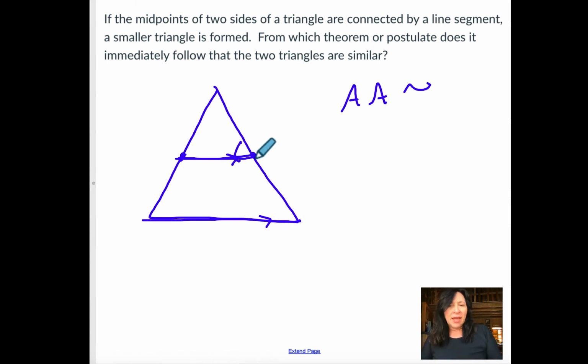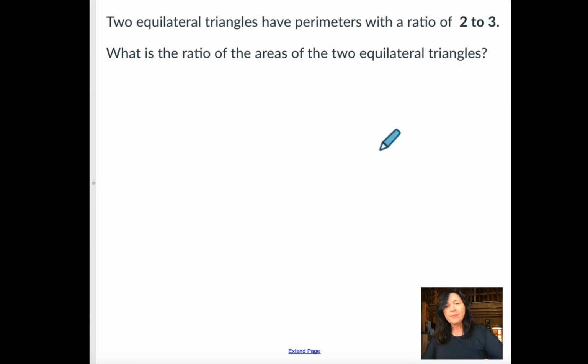That means these angles are congruent because they are corresponding angles. So I have two angles in different triangles, plus the angle at the top, so 3 angles are congruent to 3 angles. Therefore, the angle similarity postulate shows that these two triangles are similar.